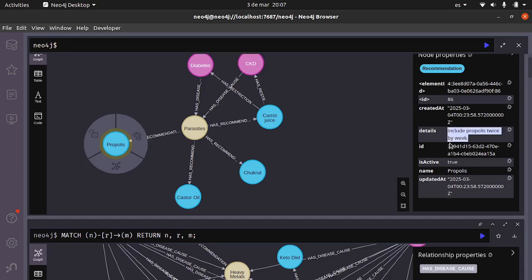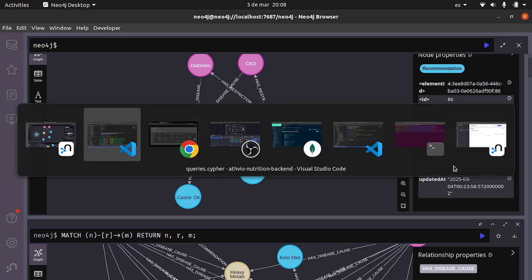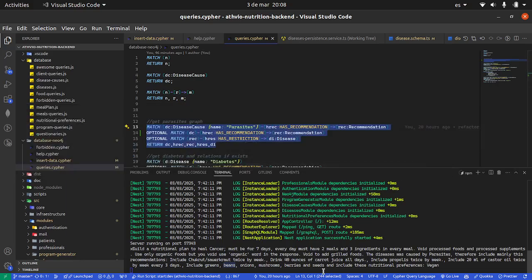That is part of the prompt that I sent to ChatGPT. For instance, here. Where is that? I don't remember.